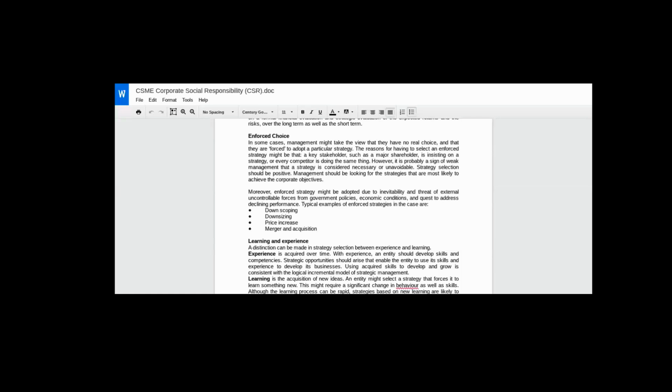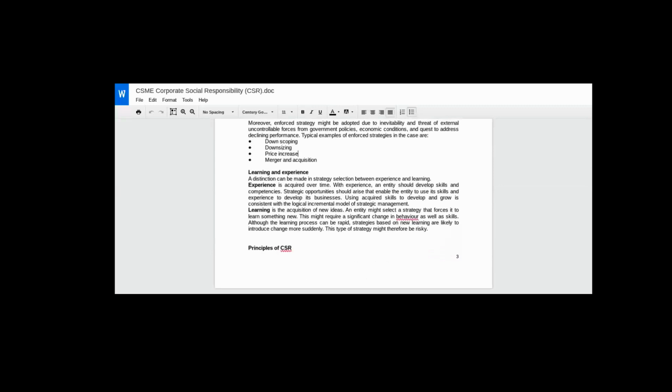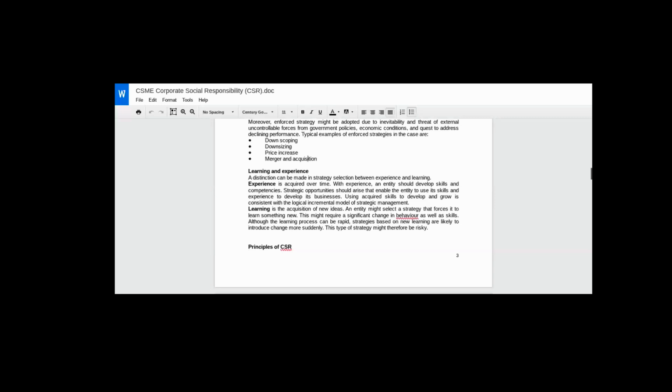The economic situation or government policy can bring about enforced choice or strategy of price increase. It can lead some organization to engage in any form of alliance, such as merger and acquisition. This is ongoing in the banking industry presently now. So that is what we call enforced choice.